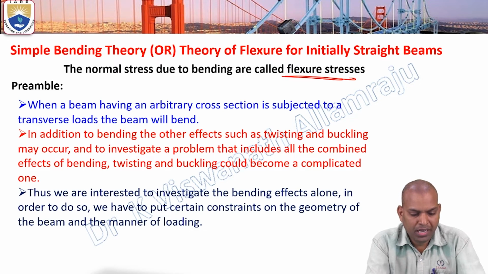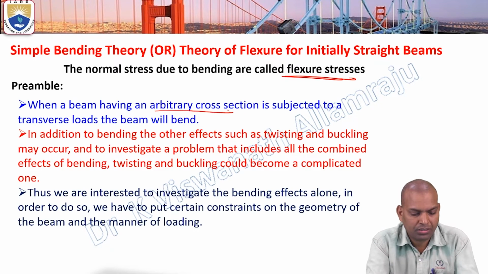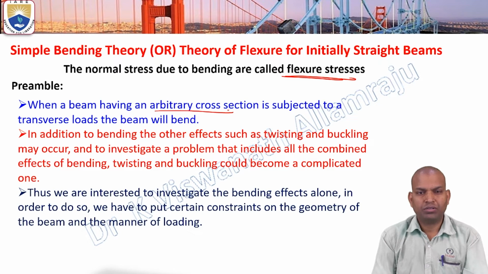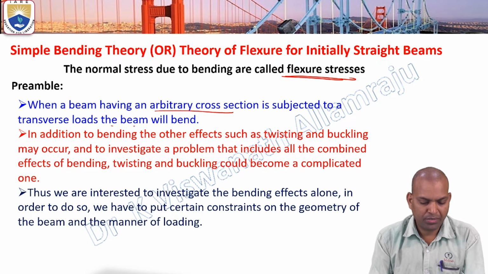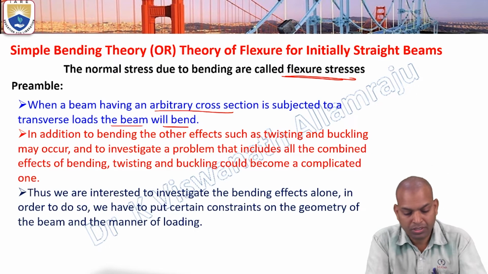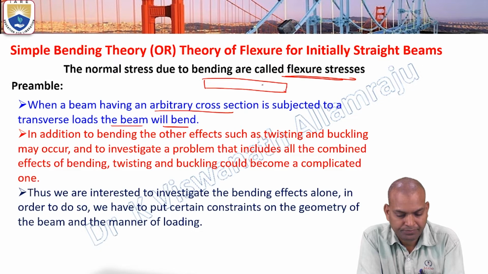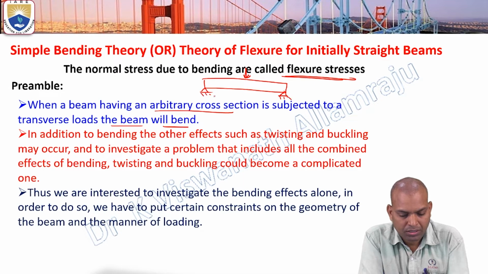The preamble is that when a beam having an arbitrary cross section is subjected to transverse loads, the beam will bend. Suppose this is the beam, and the load acting transverse, with these as the supports, causes it to bend.